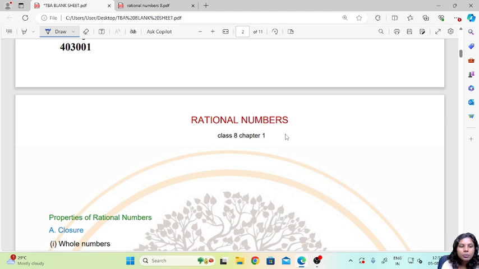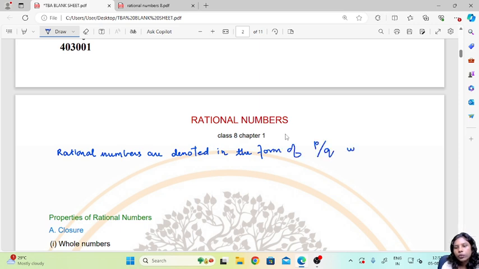So rational numbers are denoted in the form of P by Q, where Q is not equal to 0.